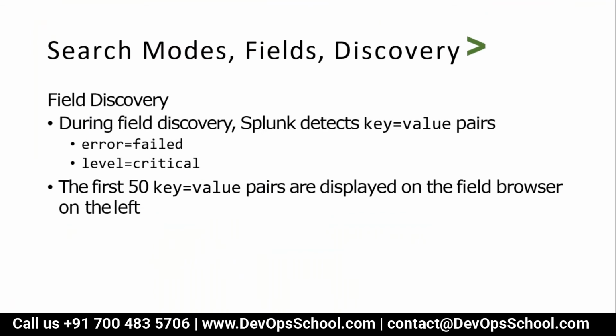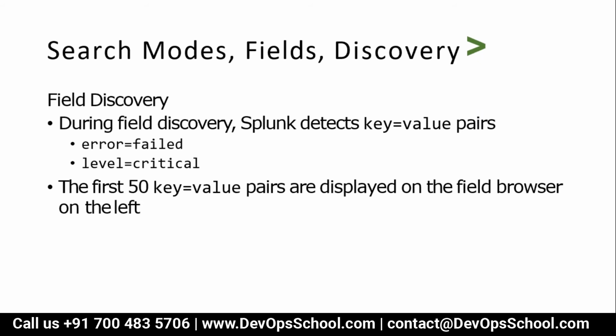Now here you see field discovery. During field discovery, Splunk detects key-equals-value pairs, such as error is a field and value is a field, label is a field, critical is a value, like this.